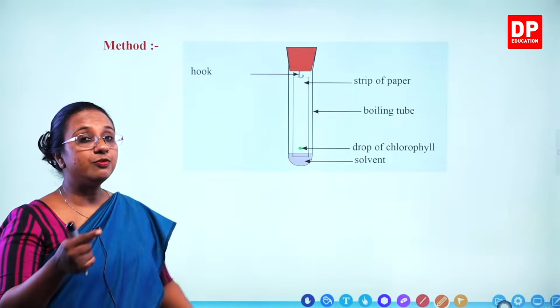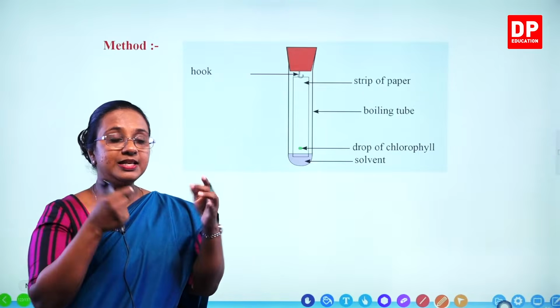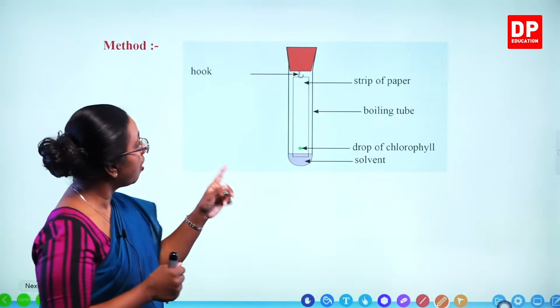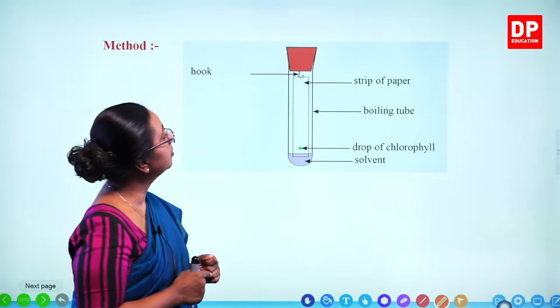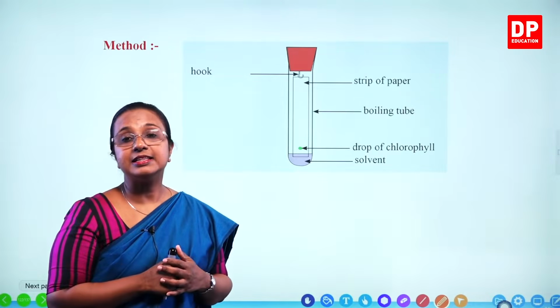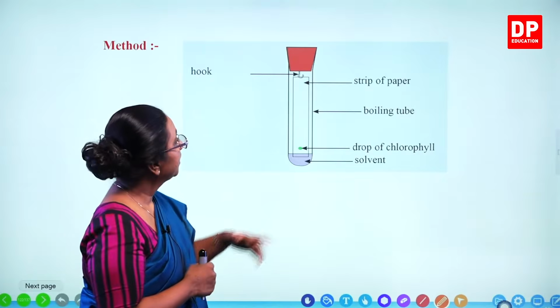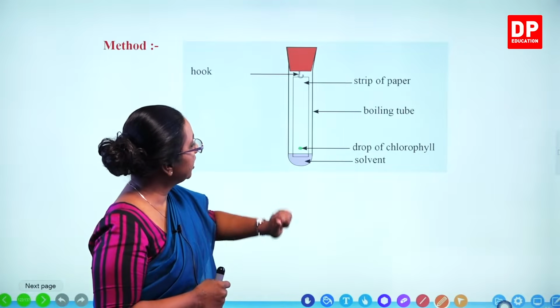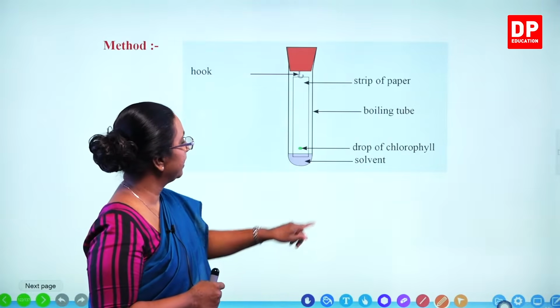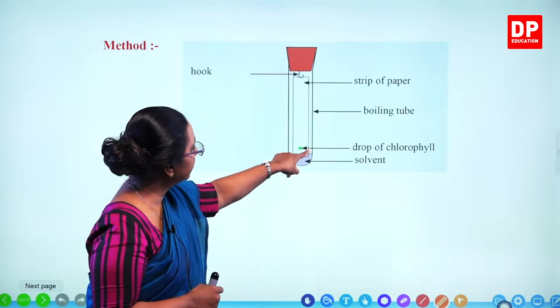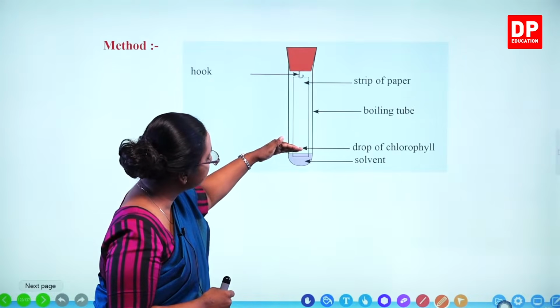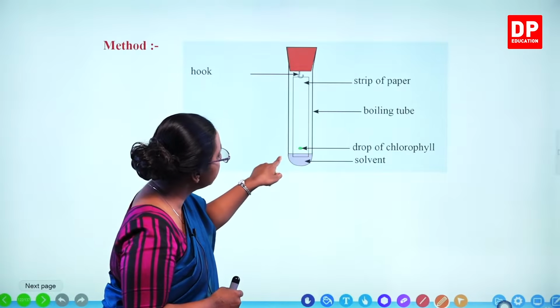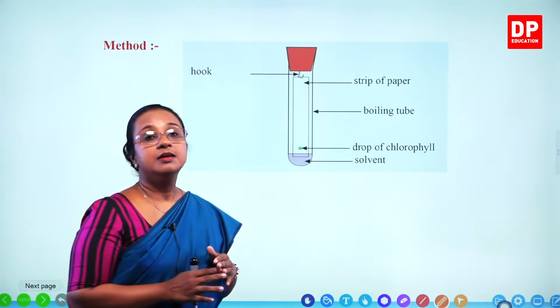As I told you before, either we can put a small slit and insert the paper, or else we can connect a hook like this and hang the filter paper there. So strip of paper, boiling tube, drop of chlorophyll and the solvent. Here you can see the solvent is in contact with only a small part of the paper.